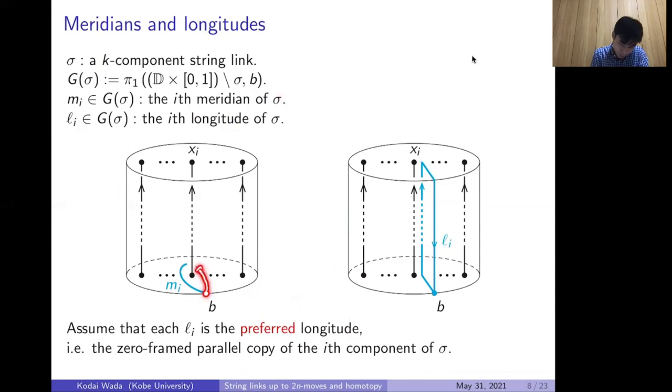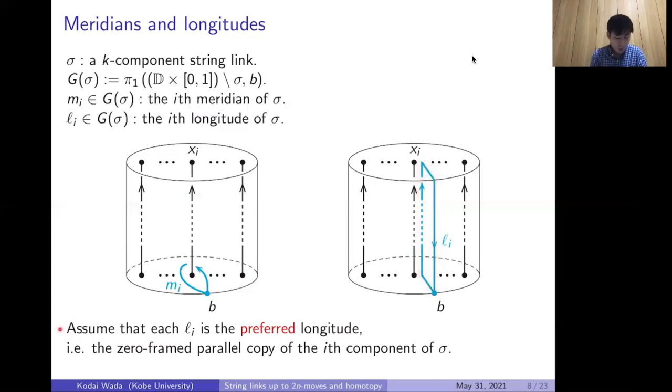This loop represents the ith meridian m i. Let l i be the ith longitude of sigma. This loop represents l i.